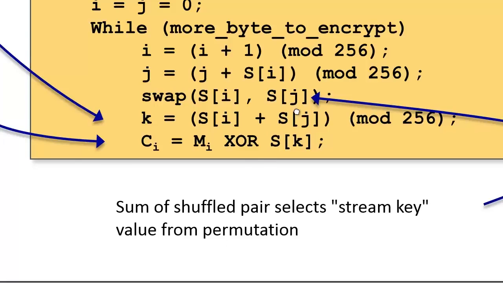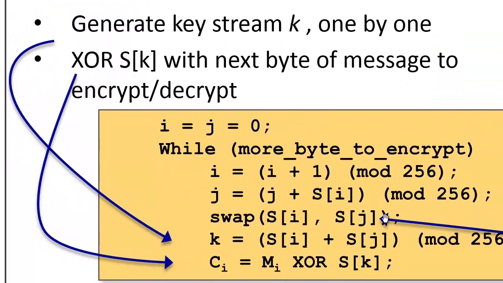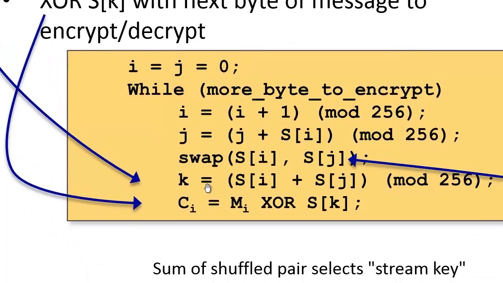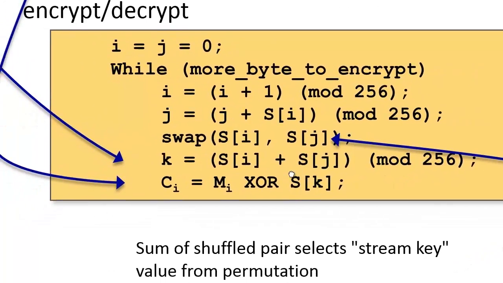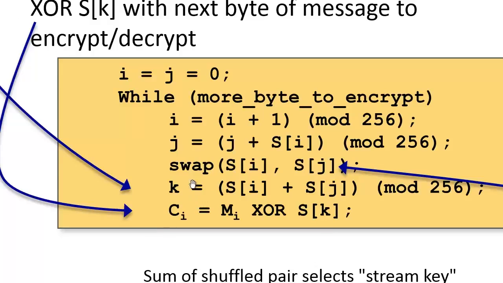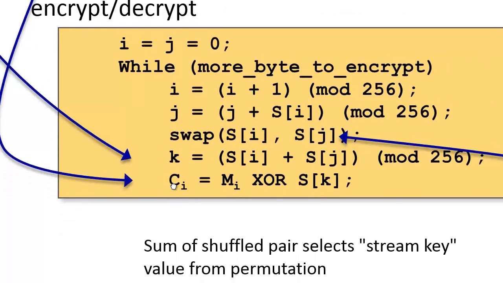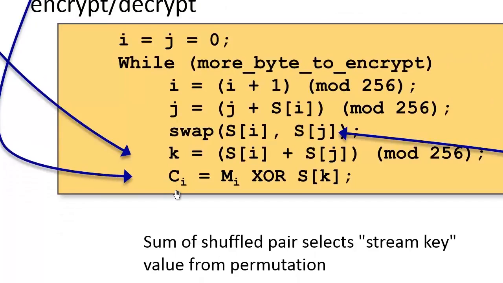After that we generate the key stream one by one, that is K is equal to S of I plus S of J mod 256, and once it is done we get K, that is your key stream. From that we can generate the ciphertext, where M is the message XORed with your S of K. So this is your encryption process.